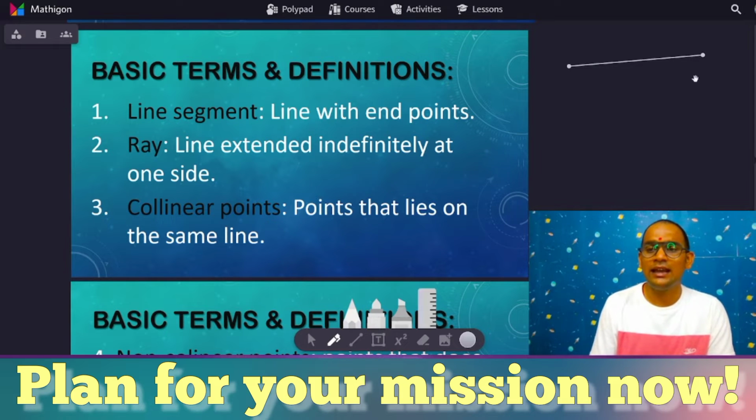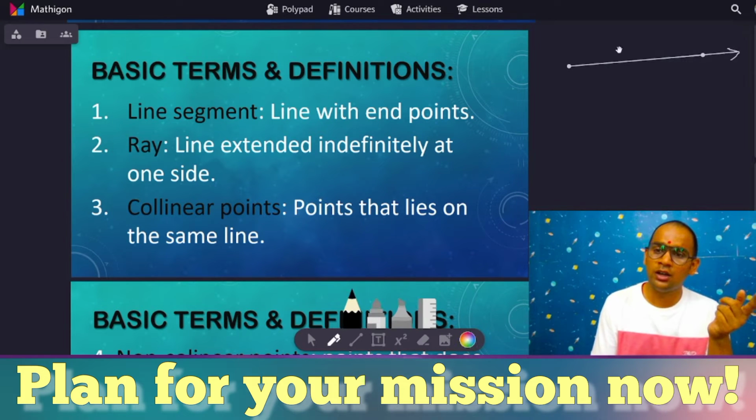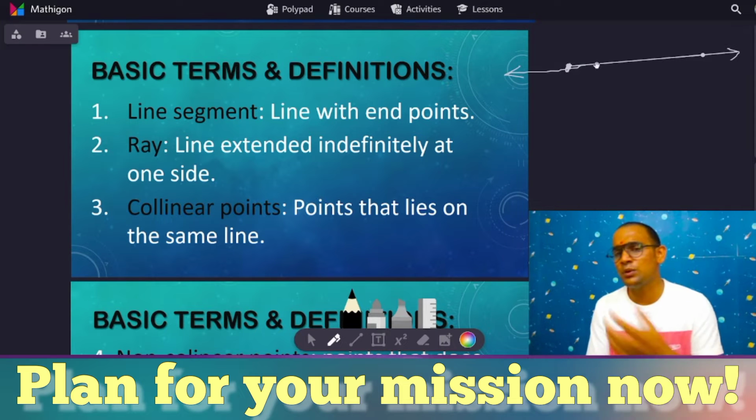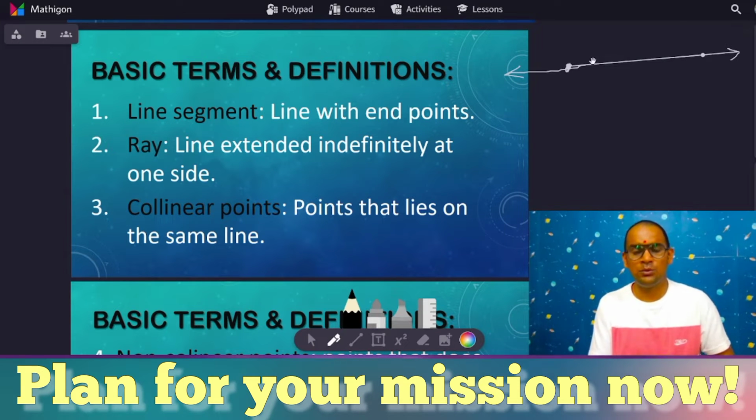A ray is a line which has an endpoint on one side, and on the other side it keeps going on and on and on. For example, as you can see in the figure, towards the right side it keeps going on and on, and over here it is a fixed point. It is not moving anywhere. When it comes to a line, it is extended to both ends without stopping anywhere. It will keep extending towards infinity.